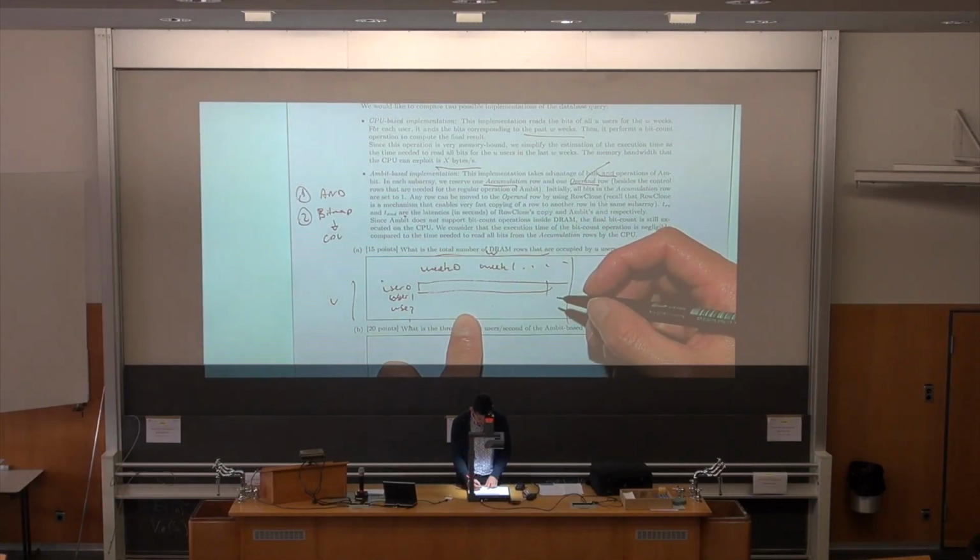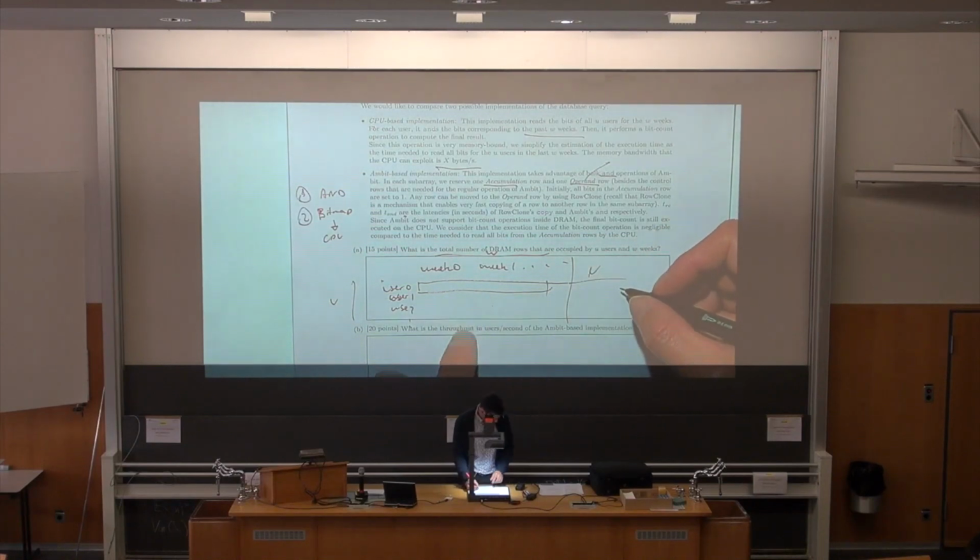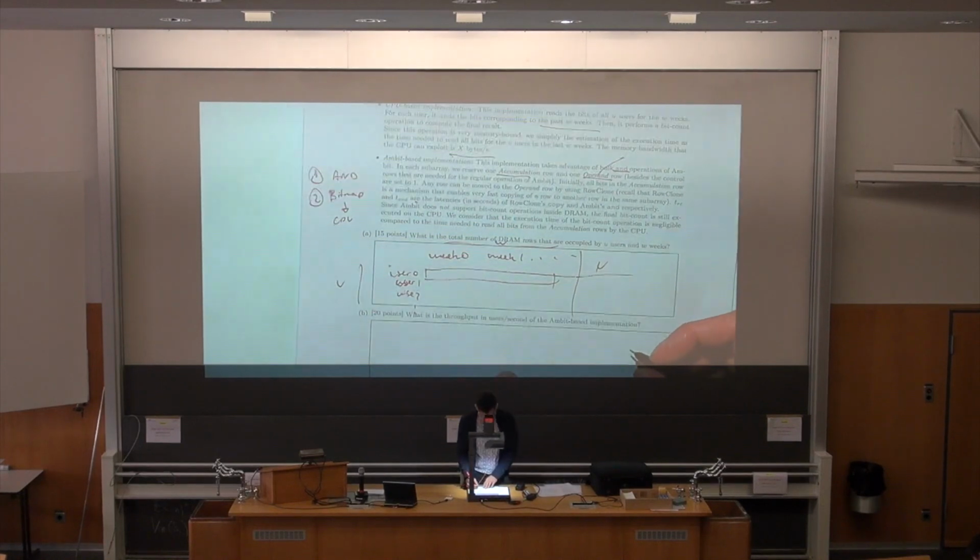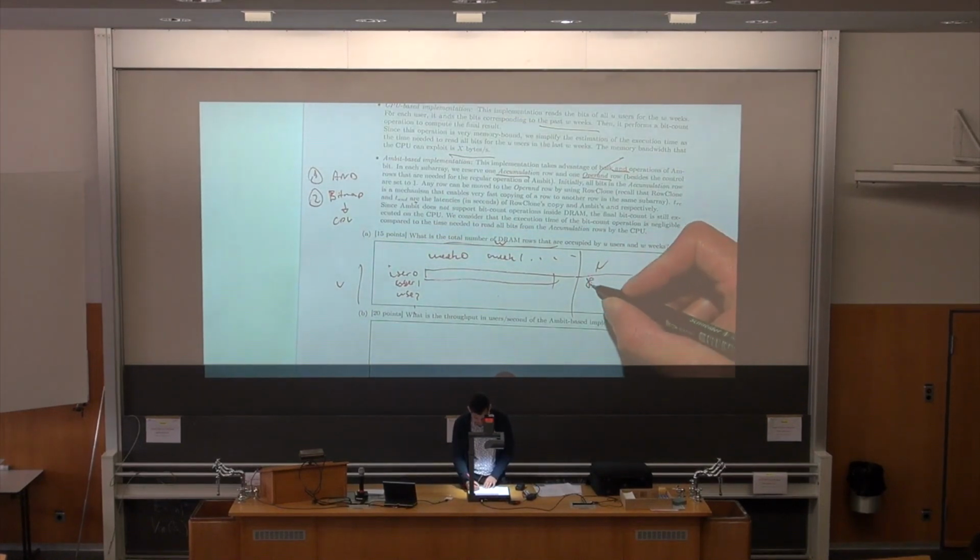You know the size of the DRAM row is 8 kilobytes, but the users are bits, so you have to multiply by 8.